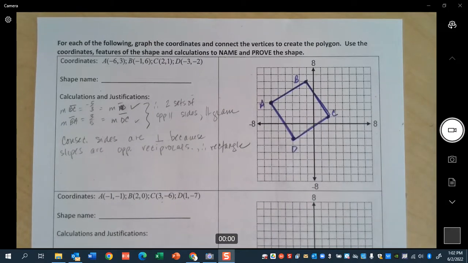What else could I do? Because we all know it's not just a rectangle. What's going to make it a square? Maybe either the side lengths, the distance of my sides. Anything else? What's that going to do?